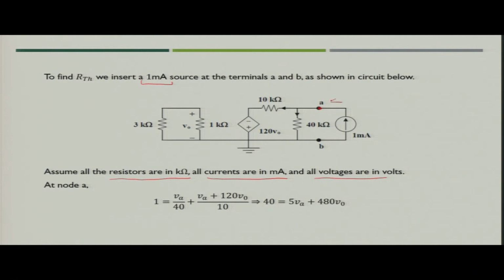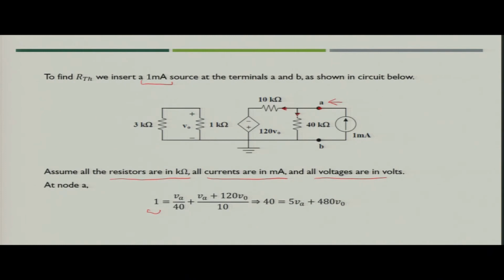This current source is supplying current to node A from this side, and let us assume that the direction of current in the other two segments is as shown in the figure. So, what you can say? You can say 1 milliampere is nothing but the sum of the currents going outside the node.